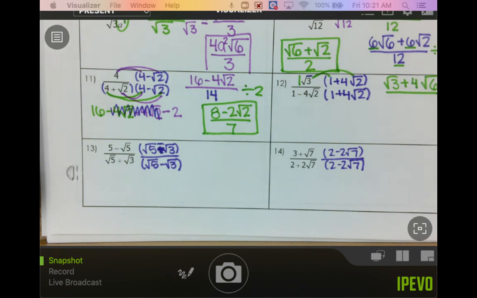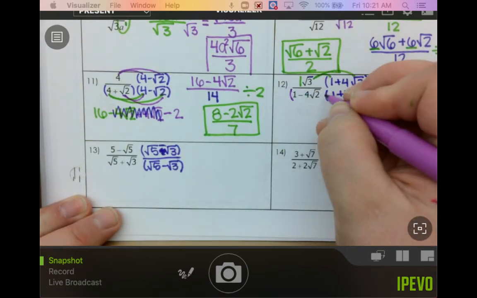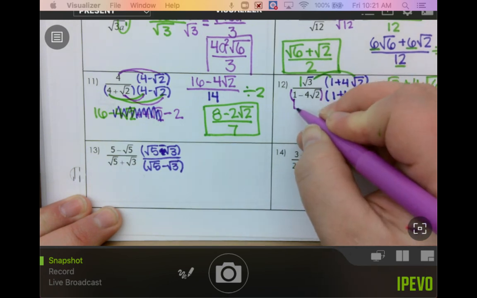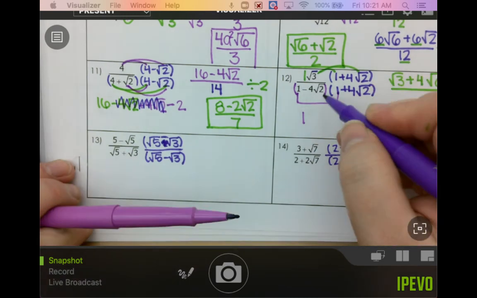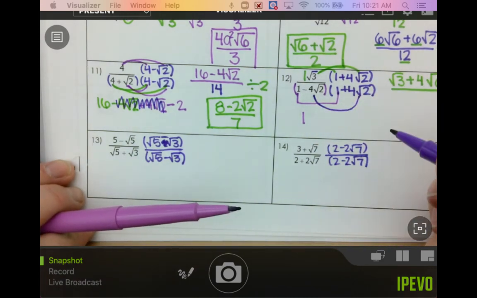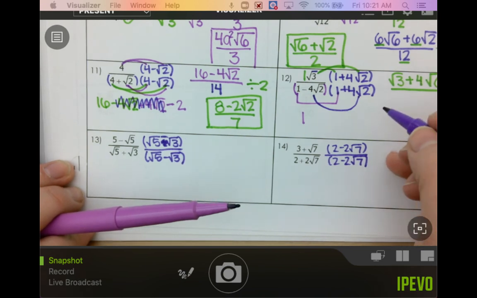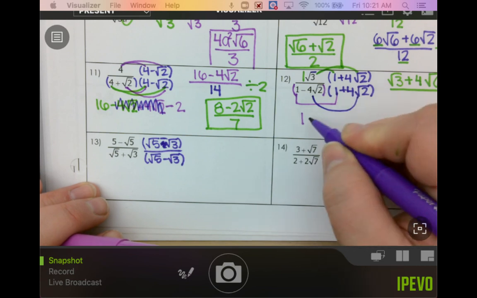On the bottom, now that we know that the 2 in the middle are going to cross out like this, you can just do 1 times 1 and negative 4 square root of 2 times 4 square root of 2. Don't let this step overwhelm you. Start with the numbers on the outside. Negative 4 times 4 is negative 16.